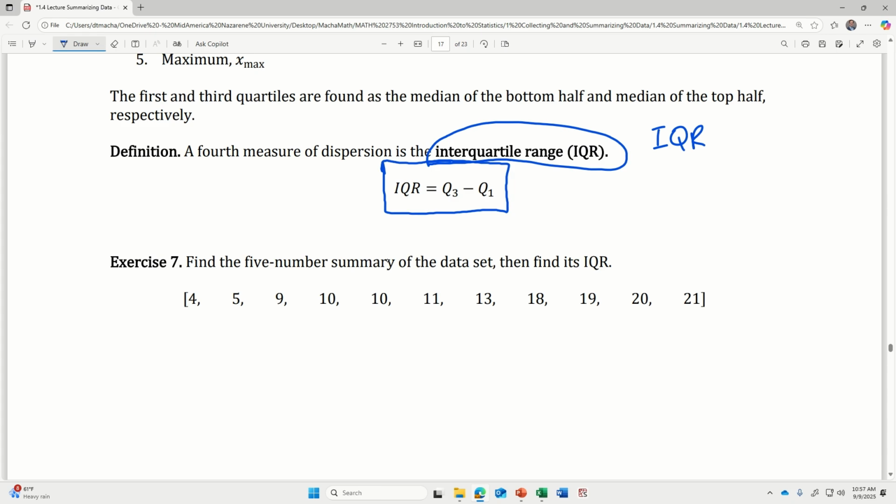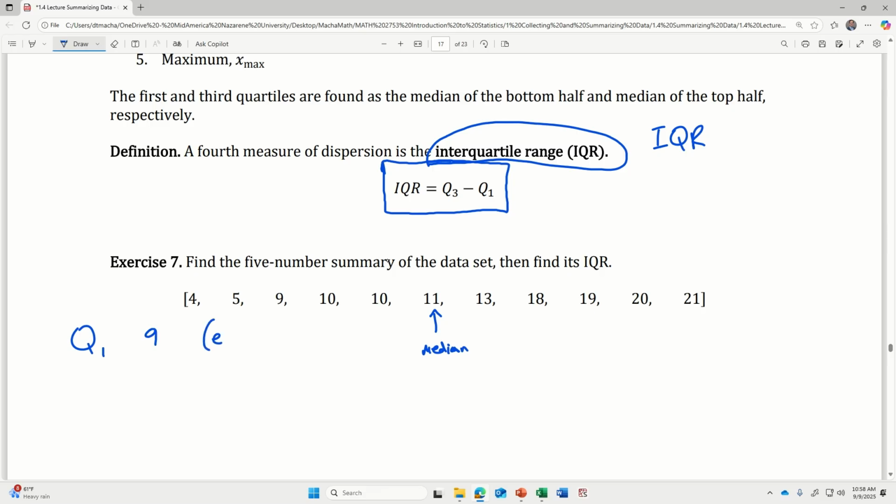So if I had this data set, it's convenient because this one's already ordered from least to greatest. And so this is going to be my median. And if I look at only the numbers or the measurements below the median, then my 1st quartile would be 9.